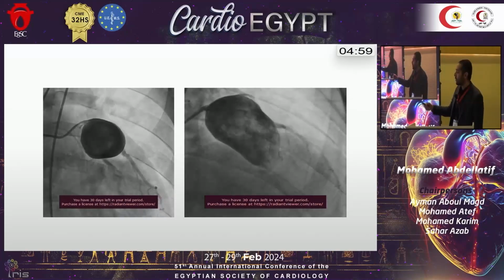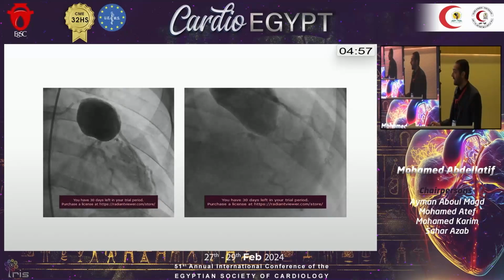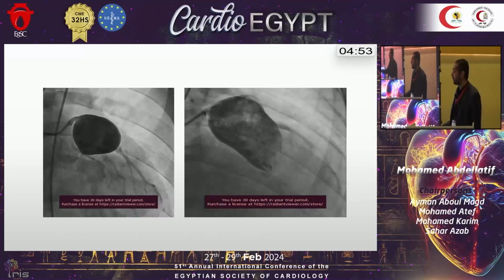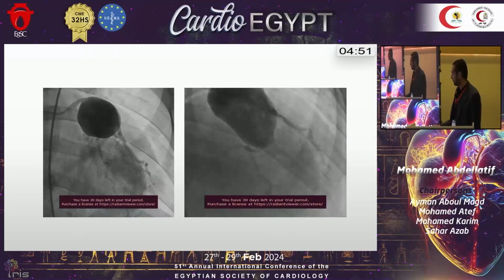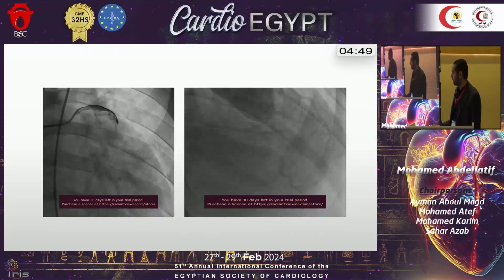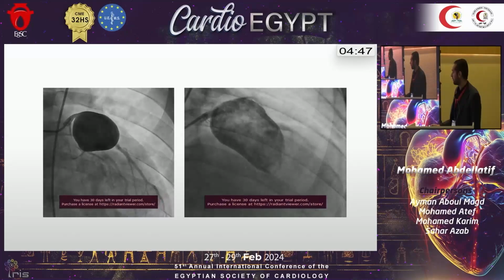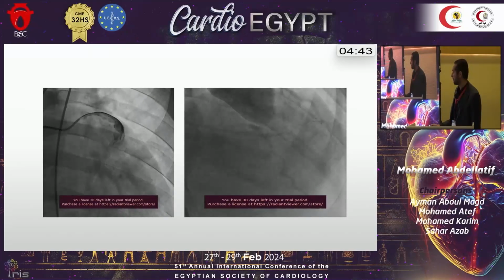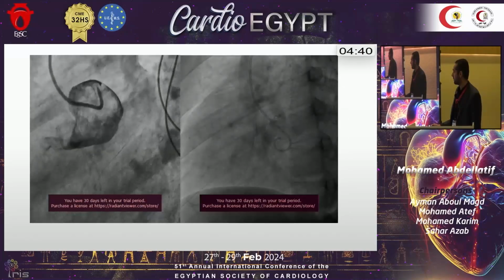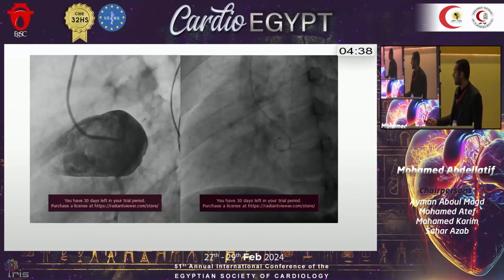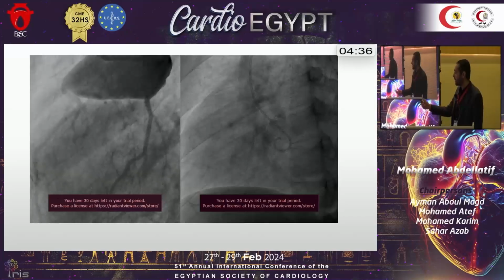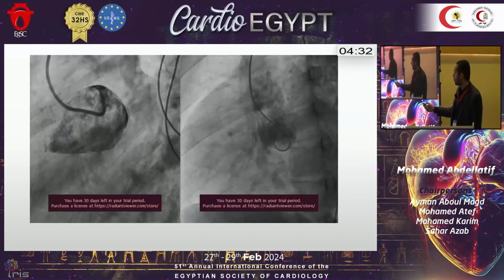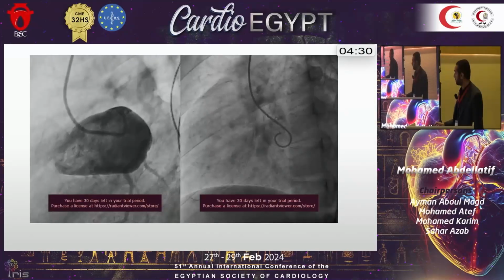Here you can see the huge aneurysm from the LAD, and the underlying coronary territories are rather normal. This is the aneurysm in the left system, and this is the pigtail. We tried to visualize the RCA, but we couldn't.